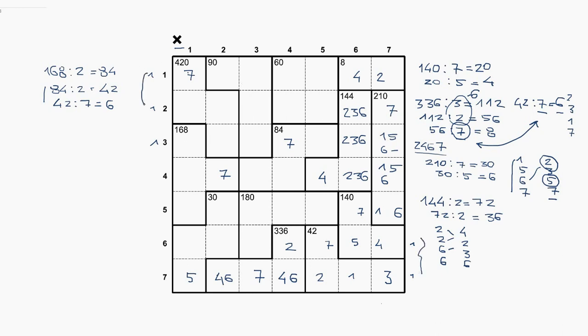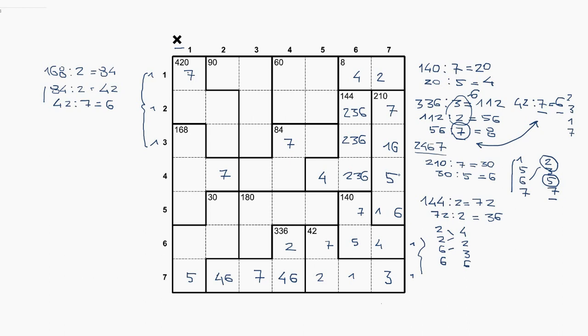Here in these 3 rows there are 3 5s, which leads to the conclusion that here cannot be number 5. Number 5 cannot be here, and the last remaining position for the number 5 is here. Here is a 1 and 6. Let's do it. Here is a 1, 6, and here is a number 5.